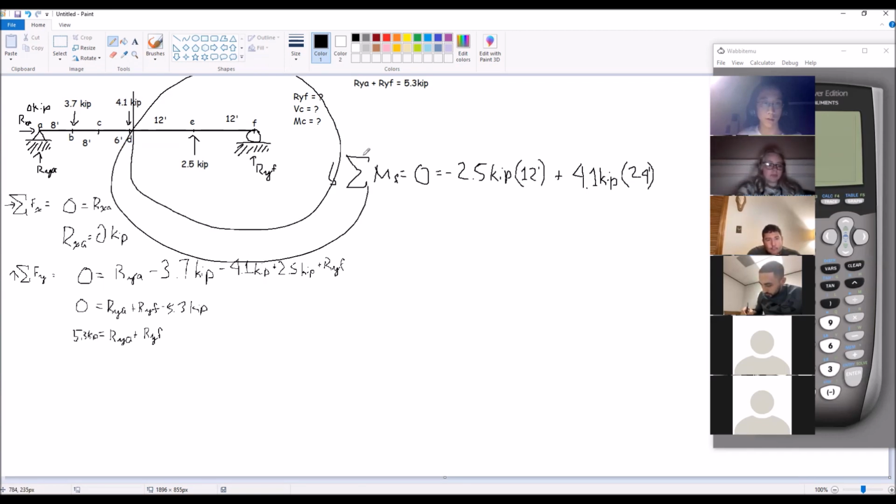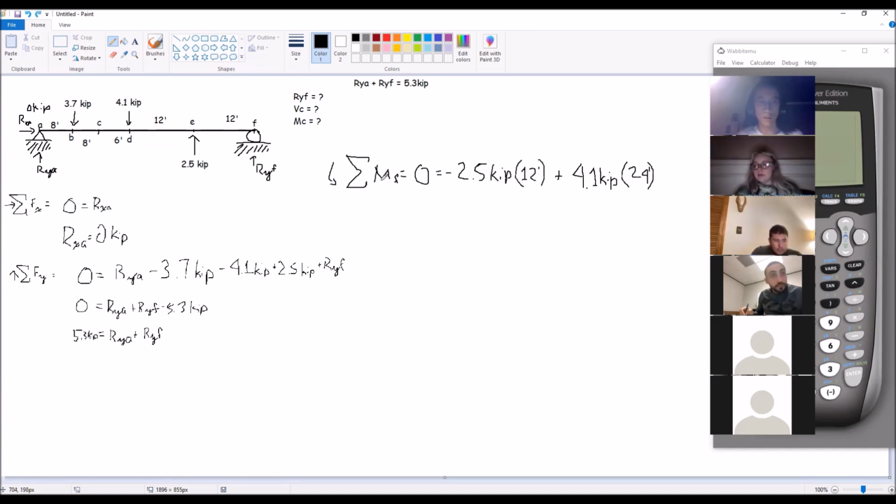Counterclockwise around F. Remember, we're taking the summation of moments at F. All right, 3.7 kips. Is that going to be in the clockwise or counterclockwise direction? Same as B. It's counterclockwise, so it's going to be positive, plus 3.7 kips.